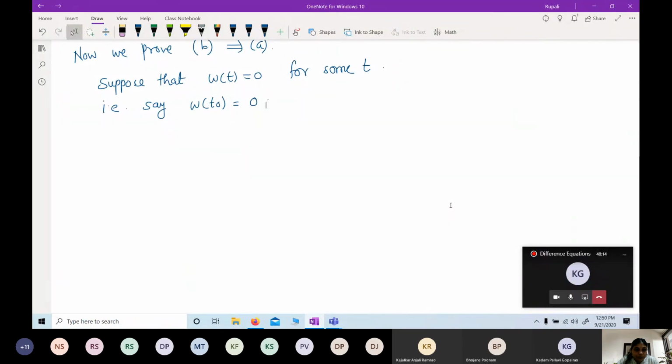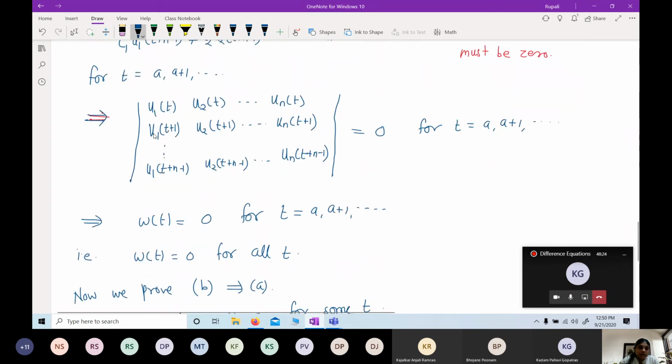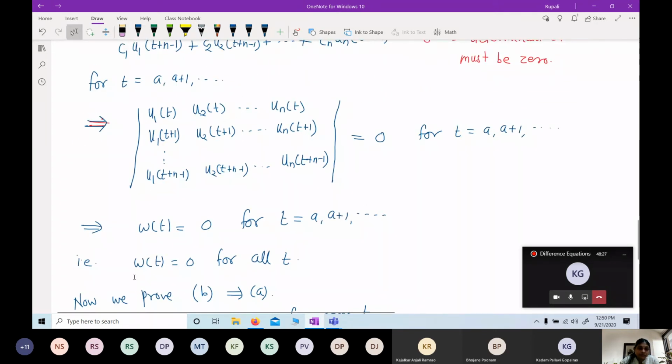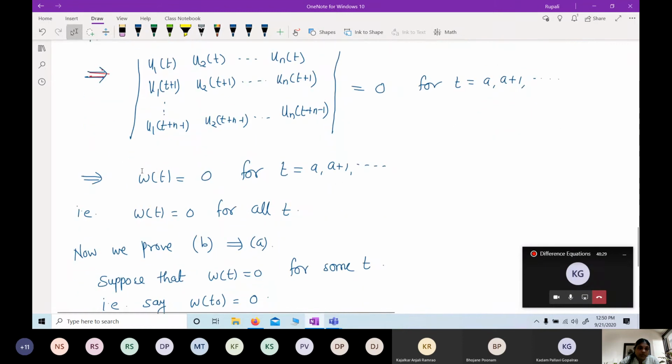Now W(t0) is equal to 0. What is W(t0)? Just replace t by t0 here.